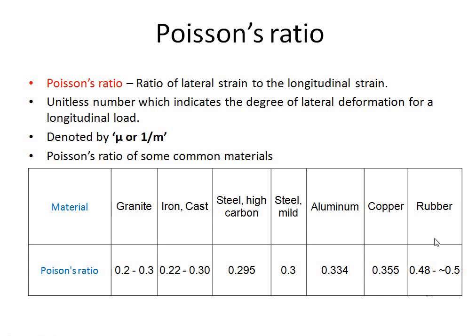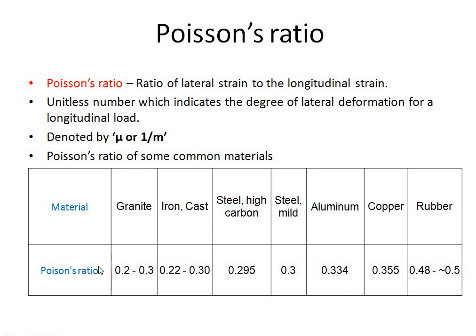And copper is much more ductile, so it has a value of 0.355. And rubber has a value of 0.48 to 0.5. You know, rubber is one of the most ductile materials, right? We can say ductile, or we can say it is an elastic material. It is more flexible, so it has a higher value.